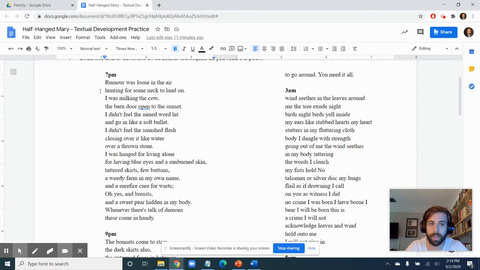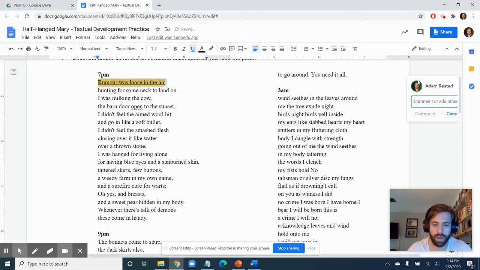So the first one I noticed was "rumor was loose in the air." I'm going to underline that because that's a metaphor. The idea of a rumor can't actually be loose in the air. It's not like we let a bird out of a cage and the rumor is flying around, but that's kind of what she's making it seem like.